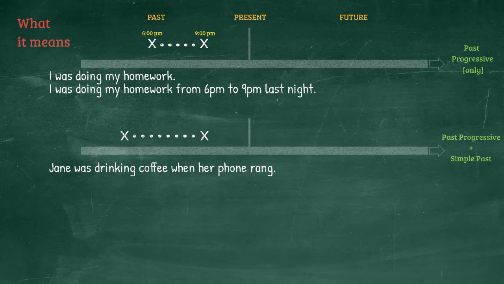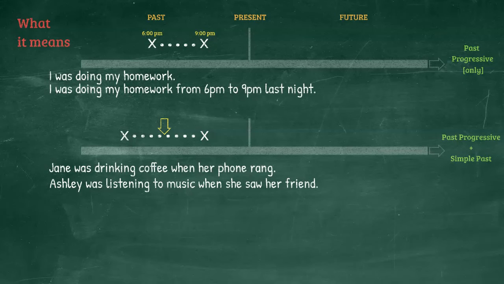And while she was doing that, her phone rang at some point. Same with this one. Ashley was listening to music when she saw her friend. So again, from some point in the past to some other point in the past, Ashley was just listening to music. And while she was doing this, she saw her friend.